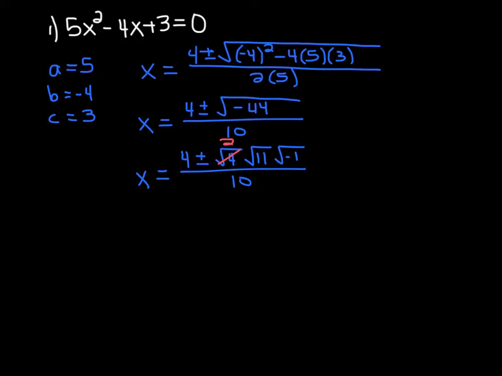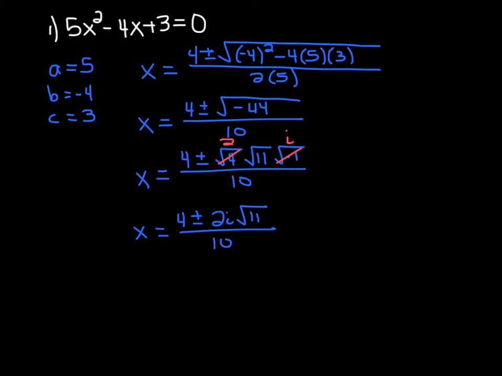Please put it above the radical, not underneath the radical. And we can cross this off and make it an i. So now when I reorder this, instead of writing 2 radical 11 i, we put the 2i in front of the radical 11. So that leaves us with x equals 4 plus and minus 2i radical 11 over 10.